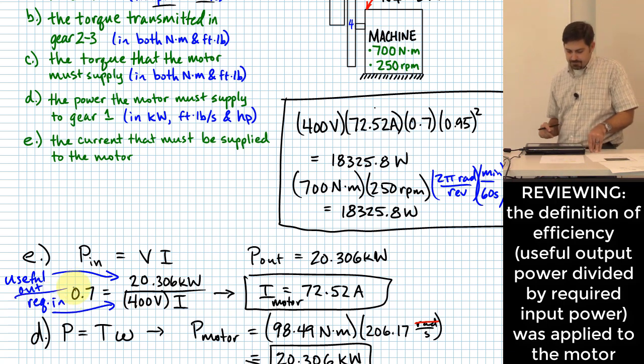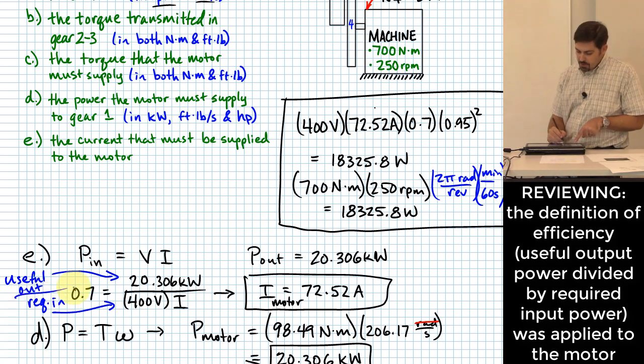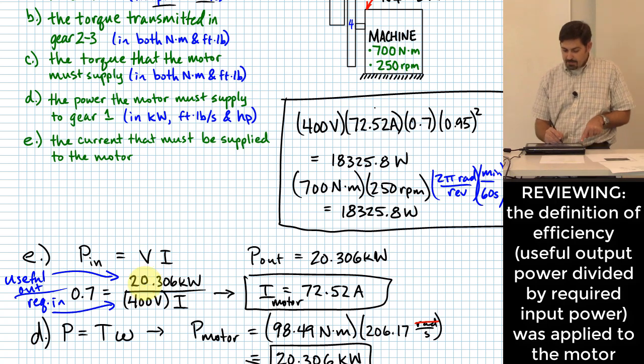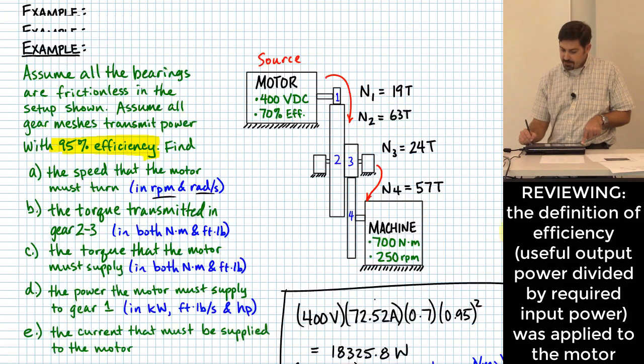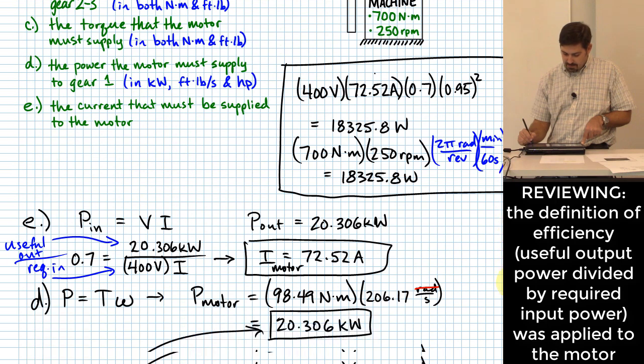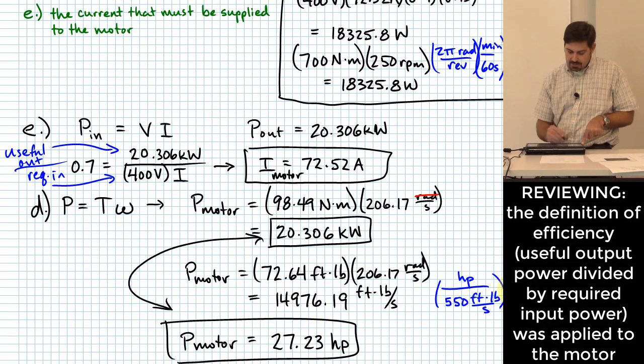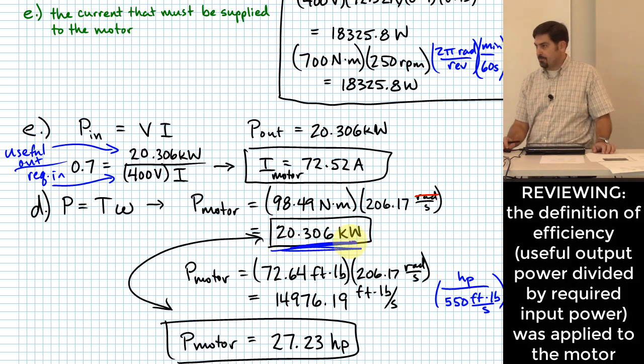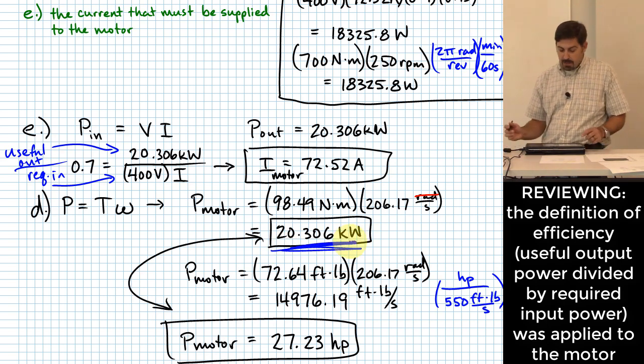And so in the numerator, the useful energy that I'm getting out of the motor comes in the form of the power at the motor shaft, right? And I calculated that down here in part D. This was the amount of power that we're delivering from the motor shaft, okay? So that's my useful energy out of the motor.